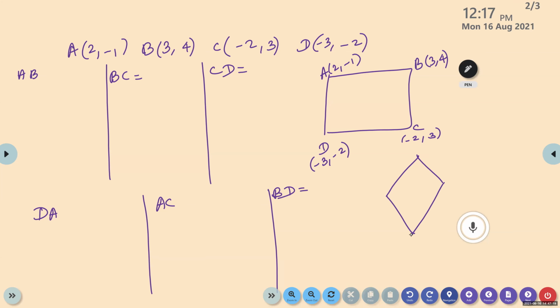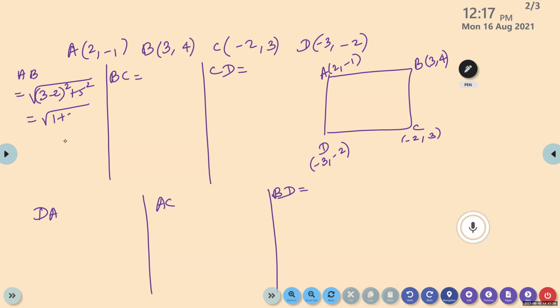Ma'am, the sides I got root 26. AB is equal to, I have to check it. 3 minus 2 the whole square plus 5 square. Others, is it correct, children? Are you getting root 26? Yes, correct.